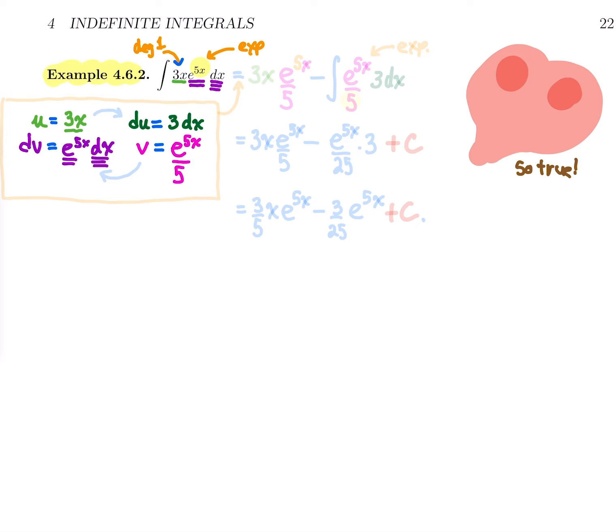Before moving forward, I like to always do that little circle of life here, just to make sure that everything is done correctly. So from u to du, there's a derivative. The derivative of 3x is indeed 3, so that's correct. And then if I continue my circle, the derivative of v, which is e to the 5x over 5, if you do a mini chain rule, you're going to get e to the 5x times 5.